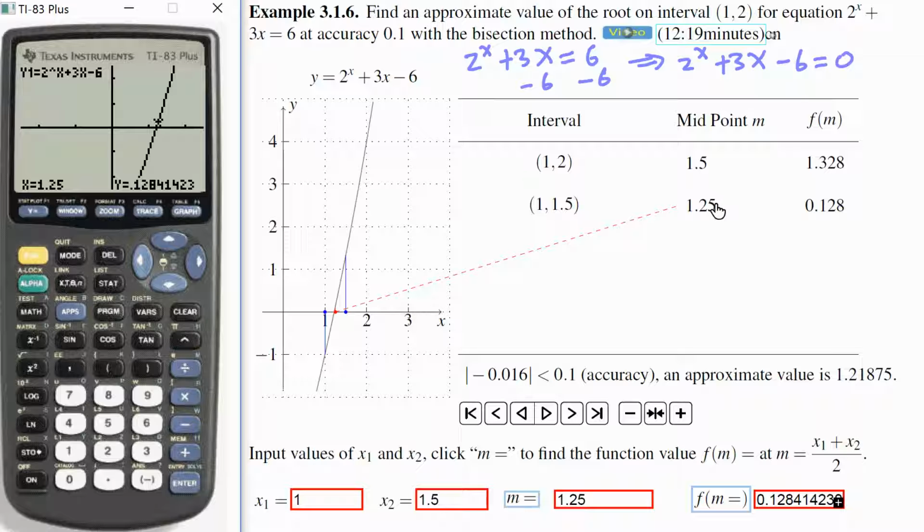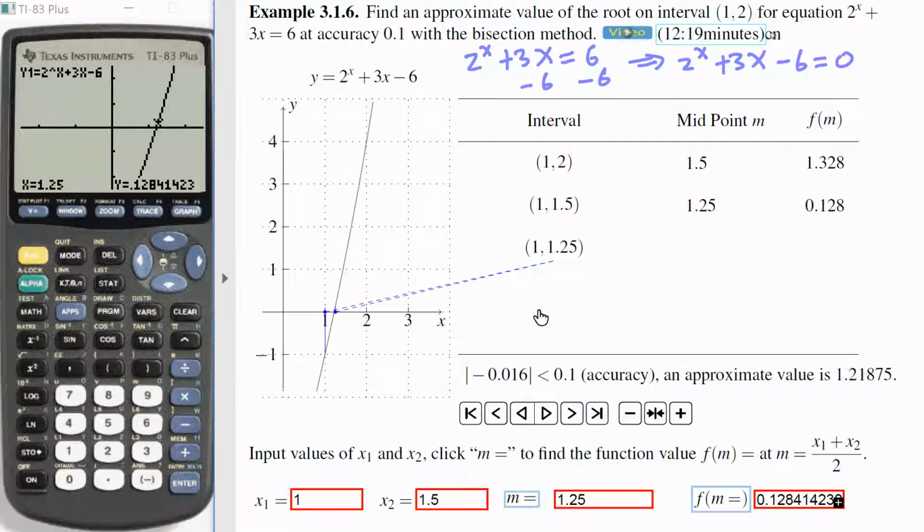So we keep going. And then you see the next one will be 1 here and 1.25 on the right of this possible root, x-intercept. Okay, and this time you see if you choose the middle point of these two, it gets a little bit far away from the root.